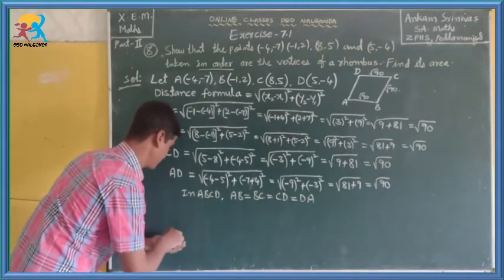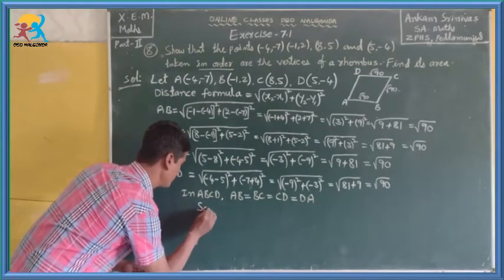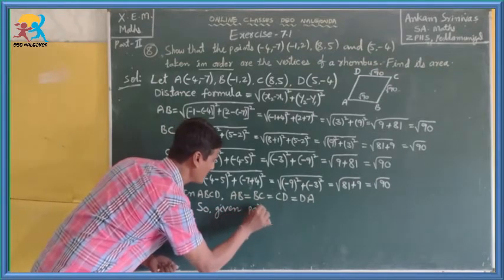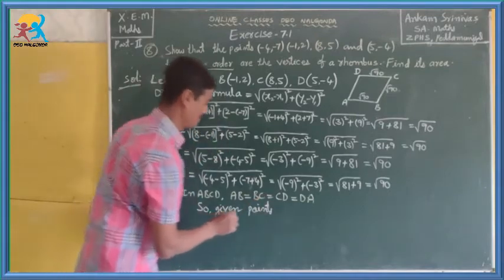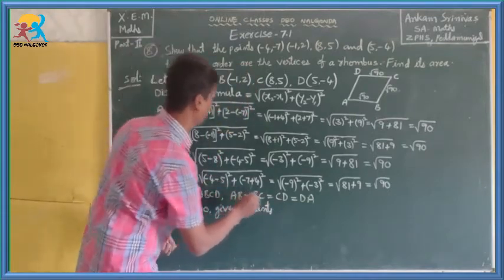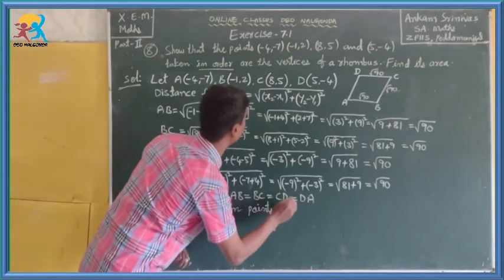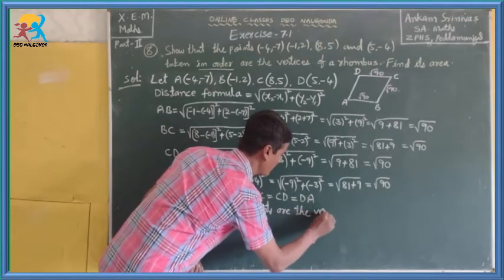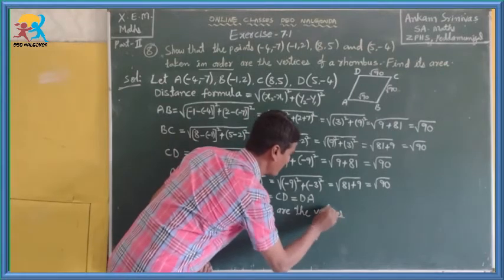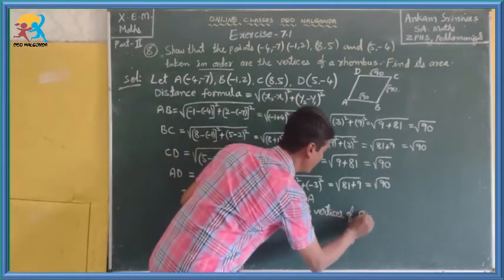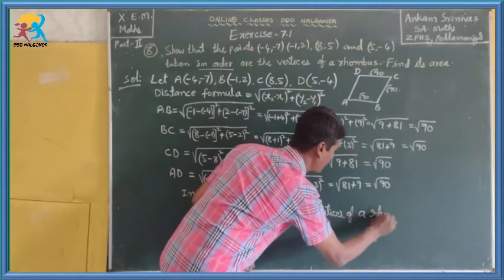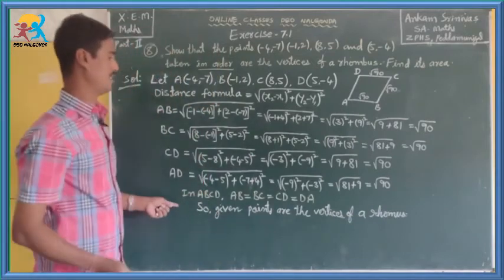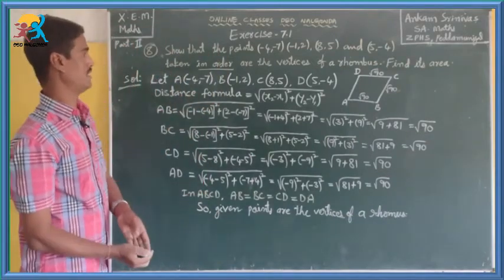So given points are the vertices of a rhombus. Given vertices become a rhombus.